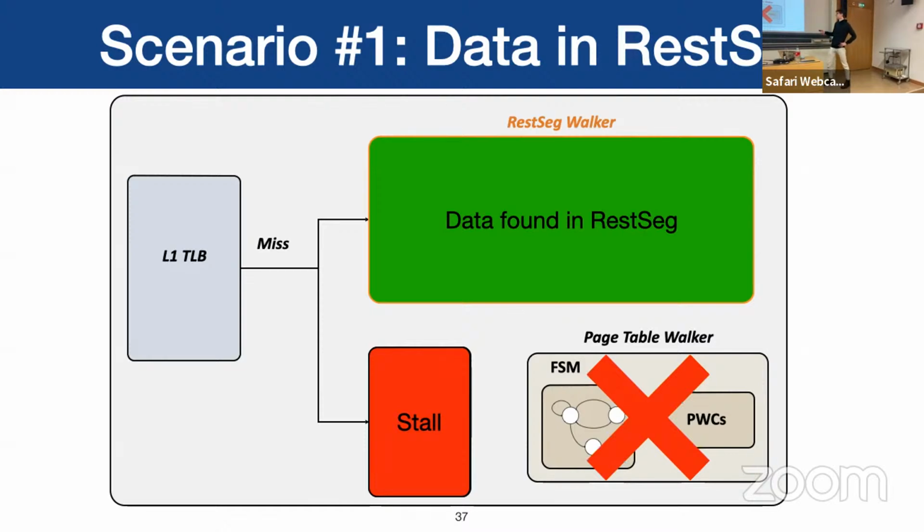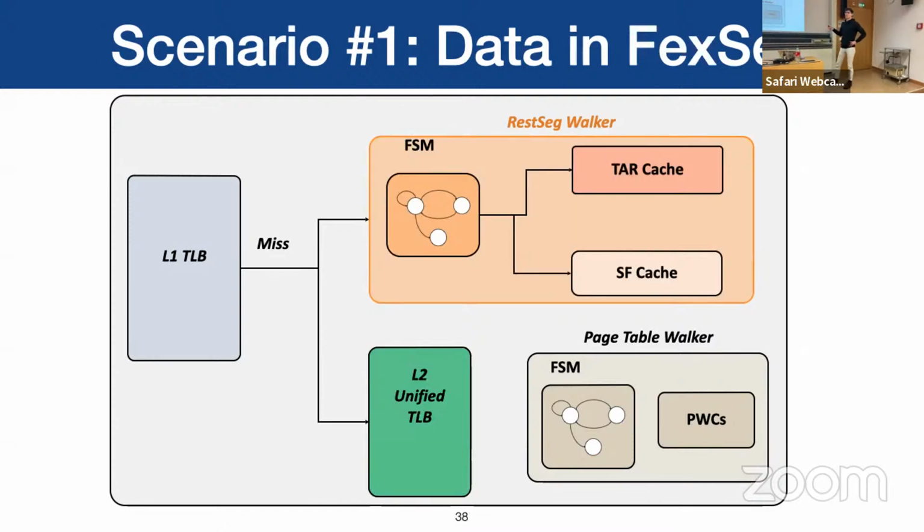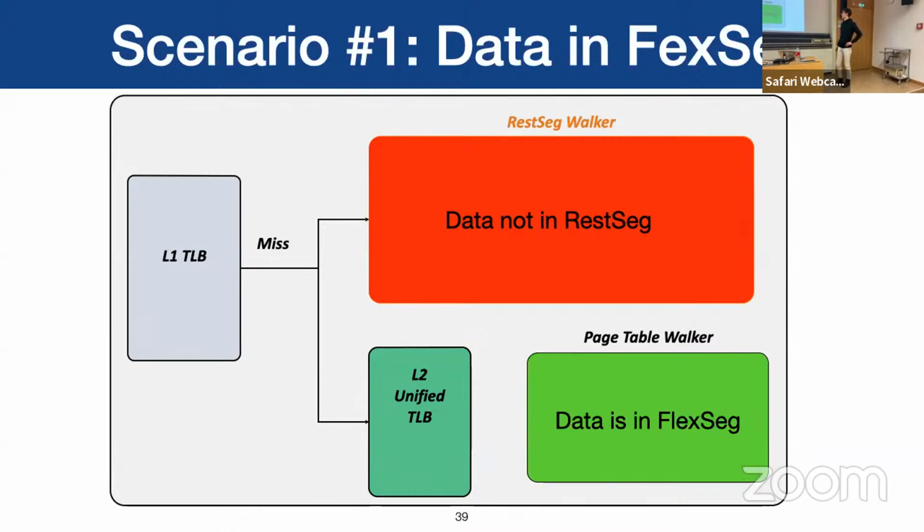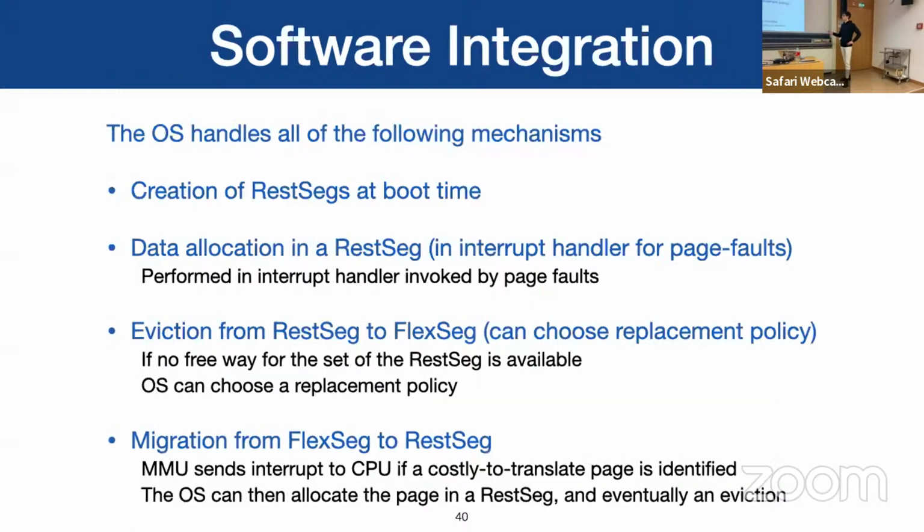So this saves a lot of time and energy. And in the other case where it's in the flexible segment, we query the restrictive segment walker, stall the L2 TLB meanwhile. We don't find it here, so we look it up in the L2 unified TLB. And if we don't find it there, then we still have to ask the flexible segment walker to perform a page table walk. Okay, so what is the software integration that we need to enable all of this?